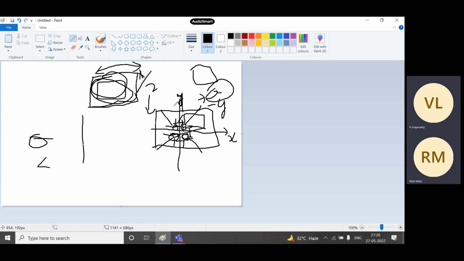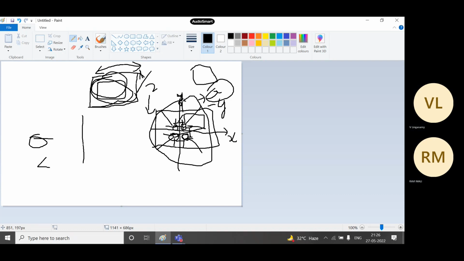And for the circular arrangement, I have some MATLAB code showing how to find the elements and how to place them. I will send you the MATLAB code. It is very easy.